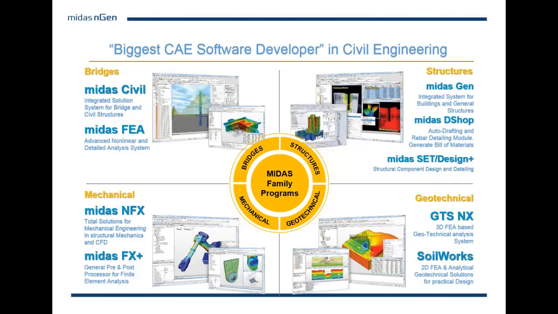And further, we can take this design result into MIDAS drawing, which can help us to get the structural drawings, elevational drawings, even longitudinal rebar reinforcement drawings, and bar bending schedules. You can also get the bill of materials, and then further there is MIDAS Set and Design Plus that can give you the design and drawings for structural components like staircases or isolated footings, pile caps or bolt connections, and so on. So that's about our structural solution.